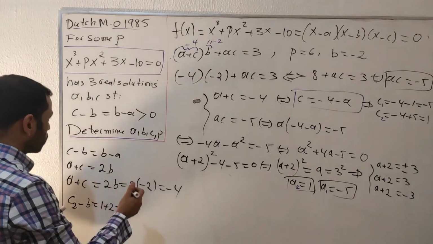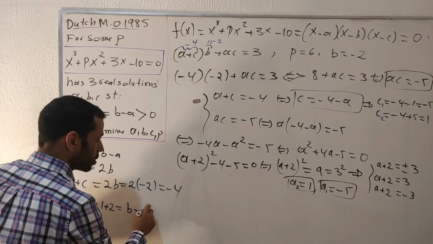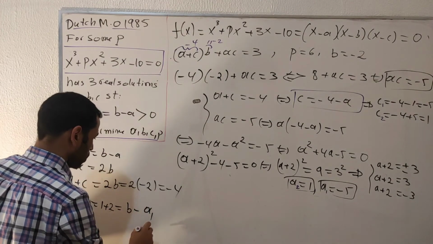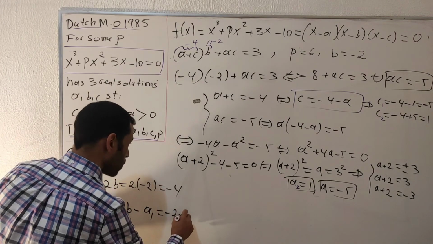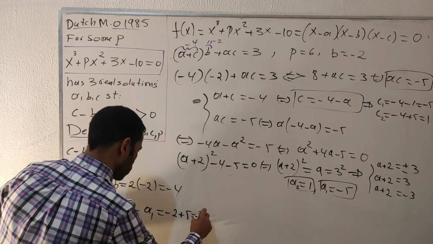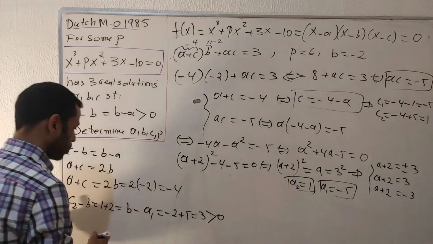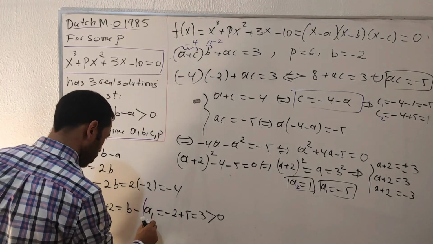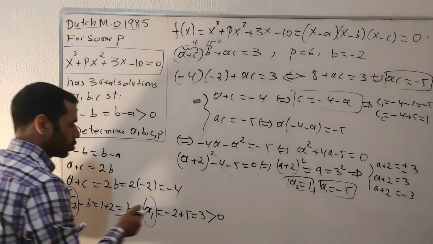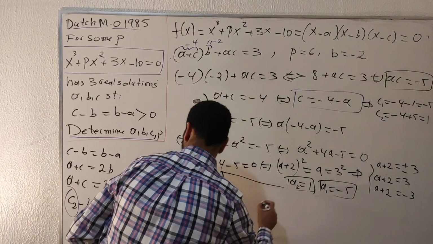So B minus A, which is minus 2 plus 5, equals 3, which is strictly greater than 0. So we have C2 and A1, the only solution that satisfies this condition.